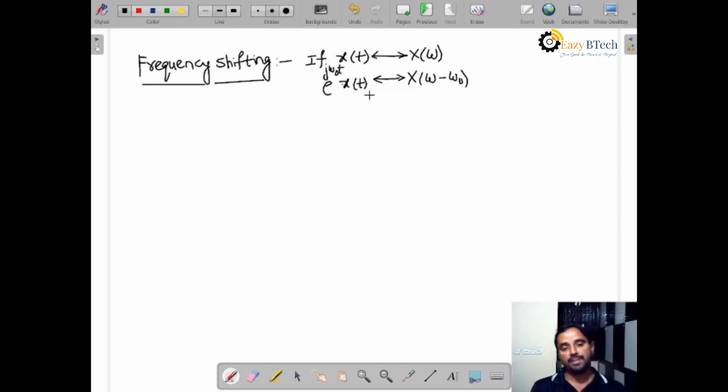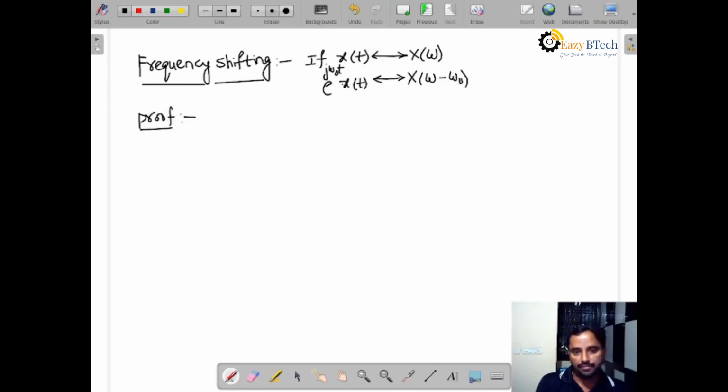So if you multiply the signal by the exponential e to the power j omega naught t, then its Fourier transform will become x of omega minus omega naught. Let's see the proof of this property.